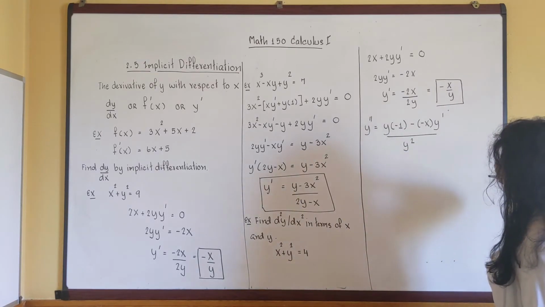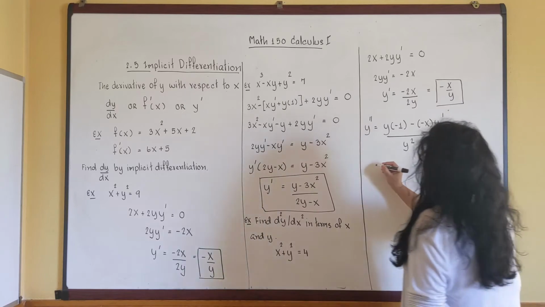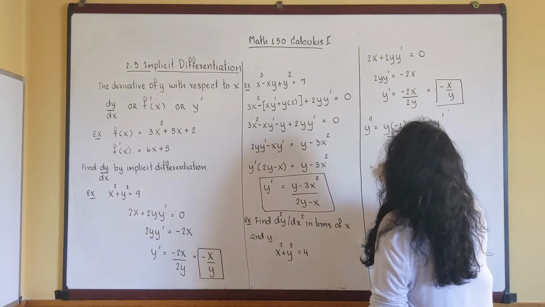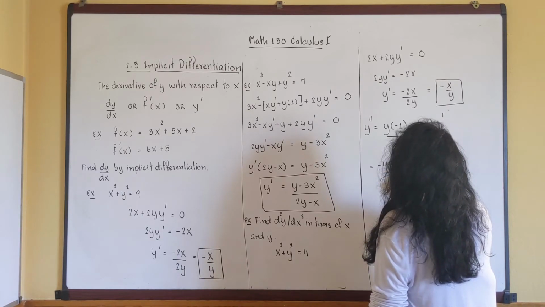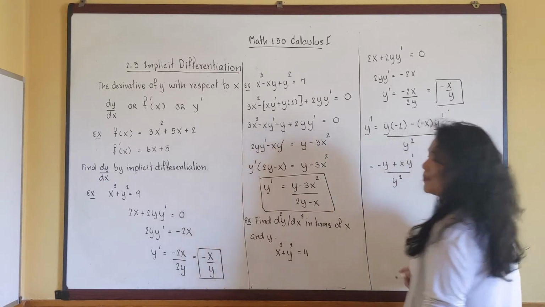Let's simplify this a little bit. Then I'm going to have negative y plus x y prime over y squared.